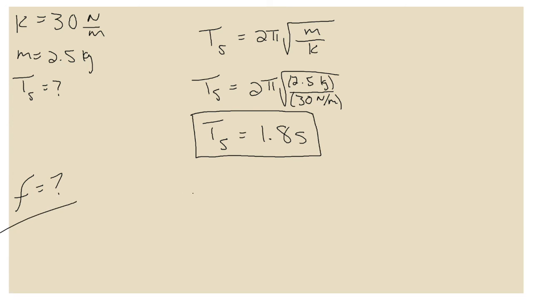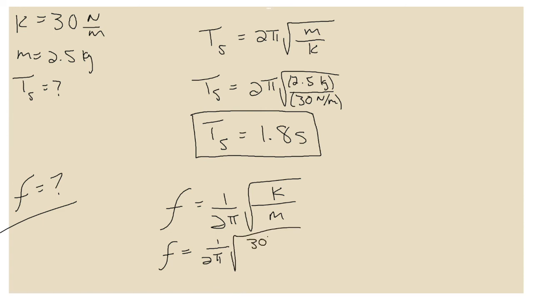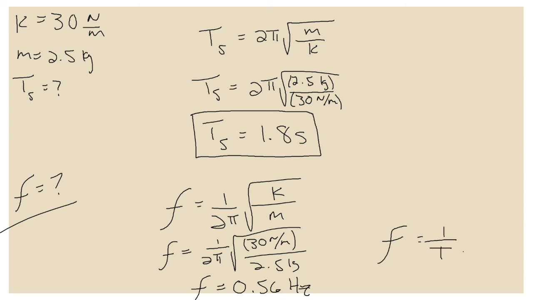And as you'll see, if we use the frequency equation, 1 over 2 pi times the square root of k over m, and plug in those numbers, the frequency is 1 over 2 pi times the square root of 30 newtons per meter over 2.5 kilograms. Then we get a frequency of 0.56 hertz. And notice, if we recognize that the frequency is 1 over the period, and we just did 1 over 1.8 seconds, sure enough, we would get 0.56 hertz.